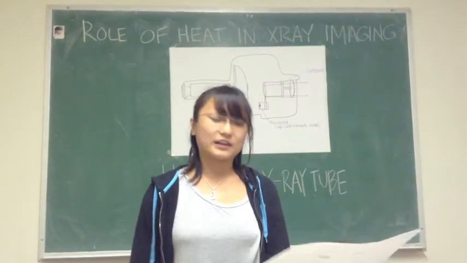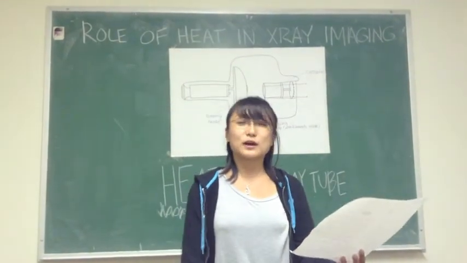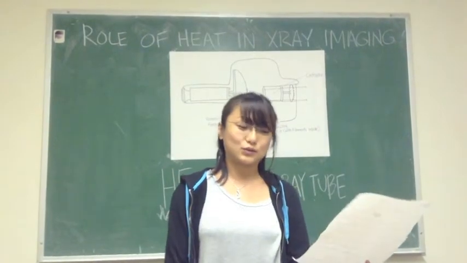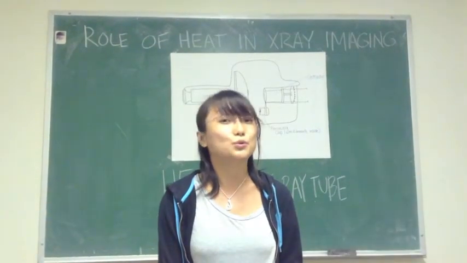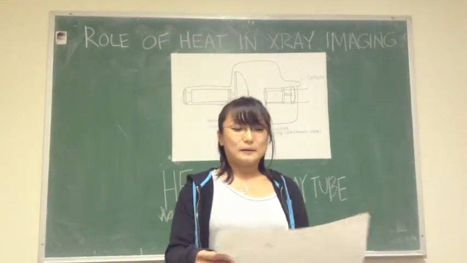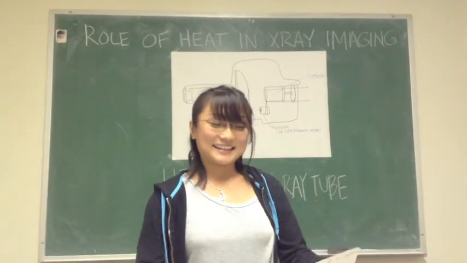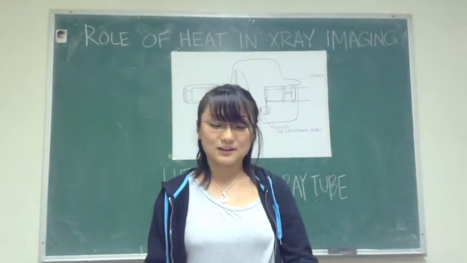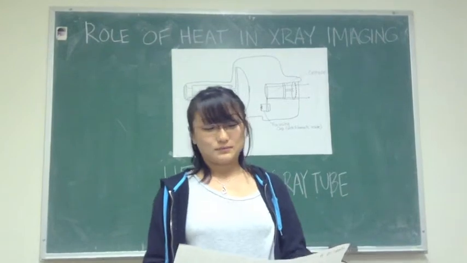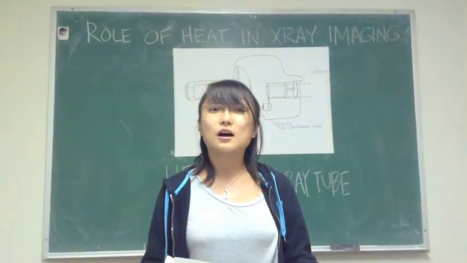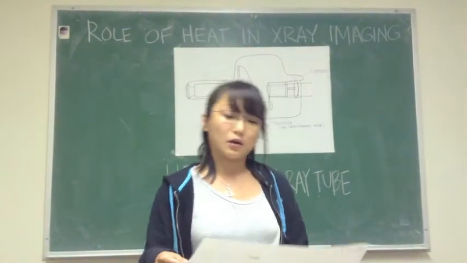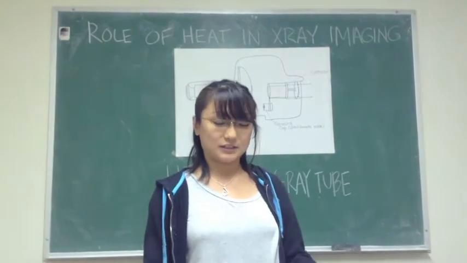99% of the kinetic energy of projectile electrons in the X-ray tube is converted to heat. Excessive heat can cause permanent damage to the X-ray tube. Examples of damages are melted anodes or ruptured tube housing.